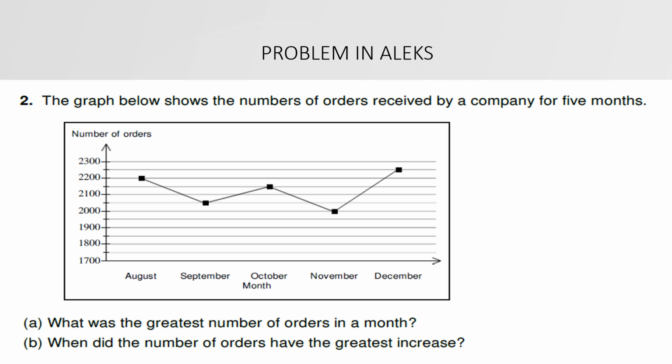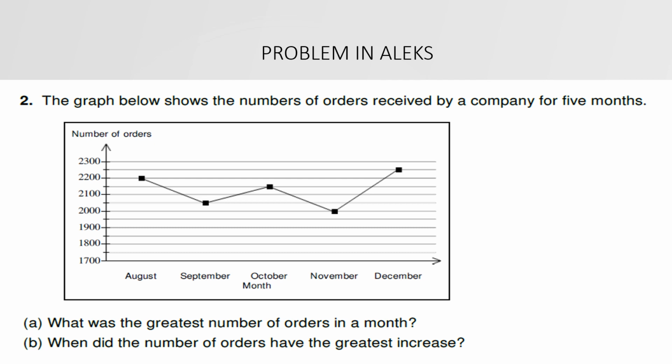For example, in this problem, it says that the graph below shows the number of orders received by a company for 5 months. So you can see that in August, they received 2,200 orders because there is a point at the height of 2,200 orders.